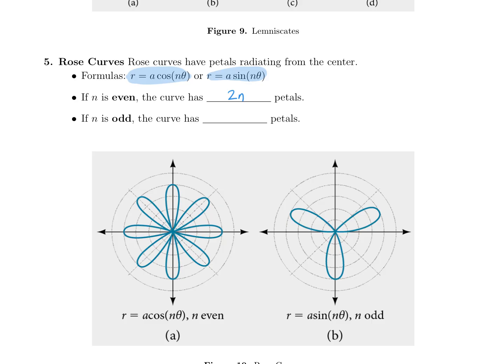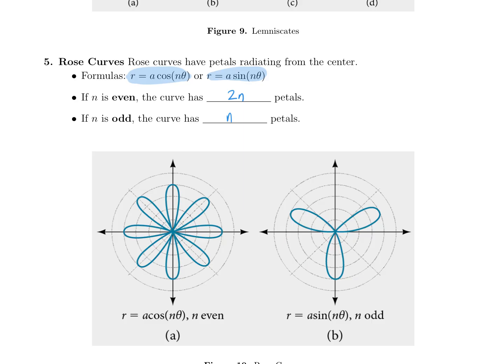Let's say n is 4. Then you're going to have 8 petals: 1, 2, 3, 4, 5, 6, 7, 8. So this one here, n is 4, because it tells you here. It's even, therefore you double the amount, and that's the number of petals. When n is odd, the curve is just going to have n petals. So if n is 3, then you're going to have 3 petals, like this one over here. If n is 5, then you're going to have 5 petals, etc.